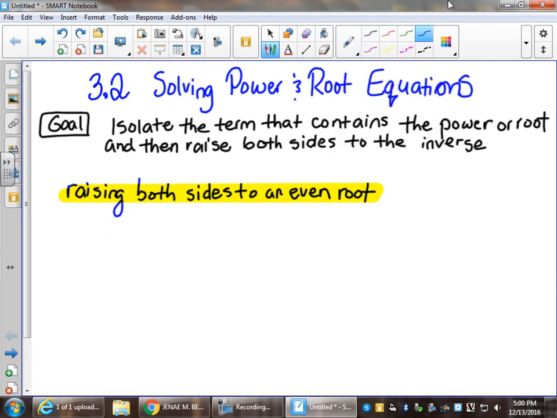Recall from our last section, when we have a to the m divided by n, this is my power, this is my root. So we're talking about if something is raised to a value and the denominator is even.